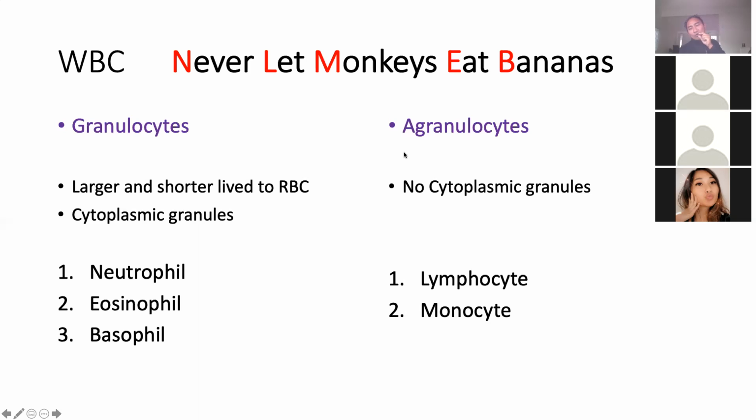Agranulocyte means there will be no granules in the cytoplasm of that WBC. Granulocytes are usually larger, and they do not live as long as RBC. Of course, RBC is 120 days. That means 4 months. That's quite a lot.